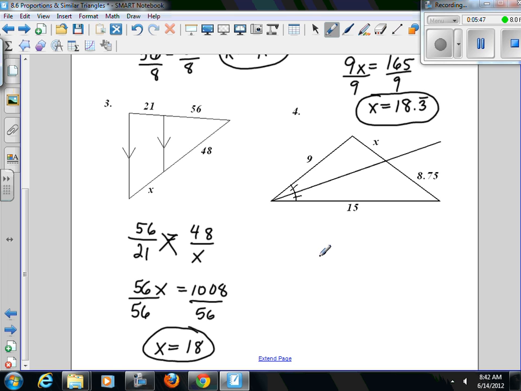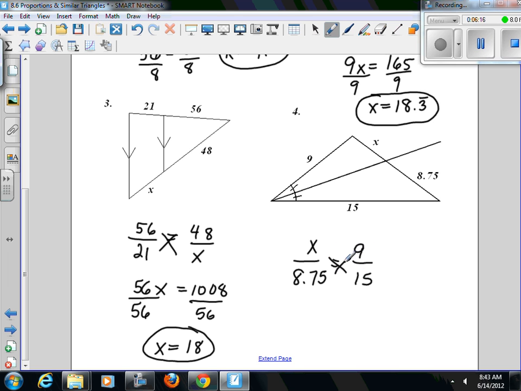Now, moving on to this next one. This is the ray bisecting an angle of a triangle theorem. So we want to set up our proportion. We know that x over 8.75 is equal to 9 over 15.